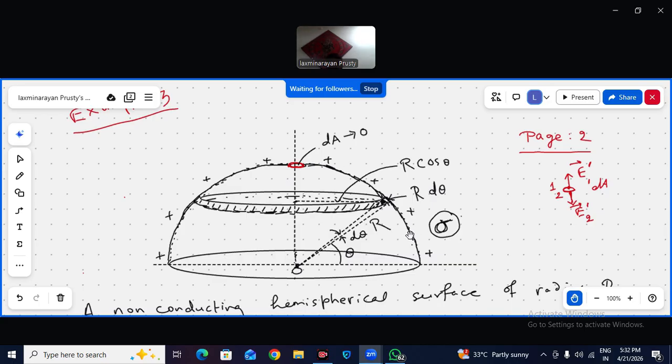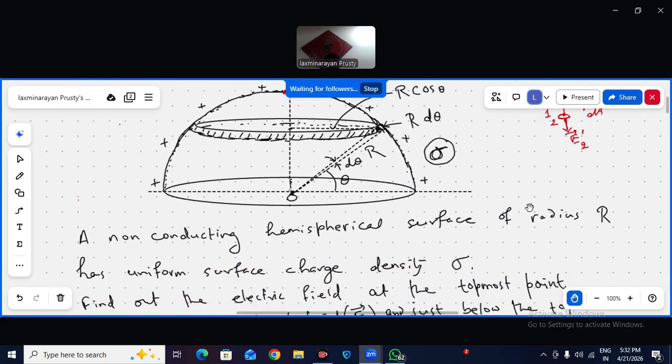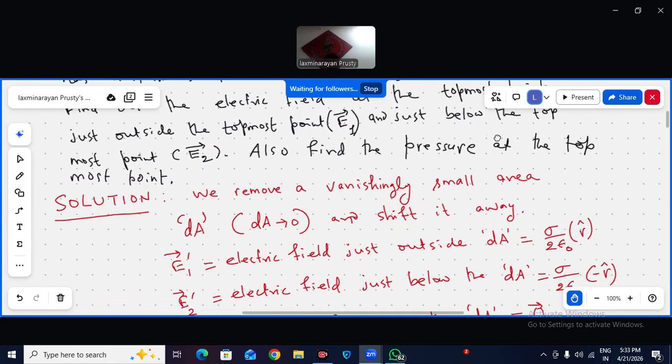So there must be a discontinuity in the electric field, as we have seen in our previous lectures, lecture 1 and lecture 2. In lecture 2, I discussed how to calculate the surface field. Let's see the solution.